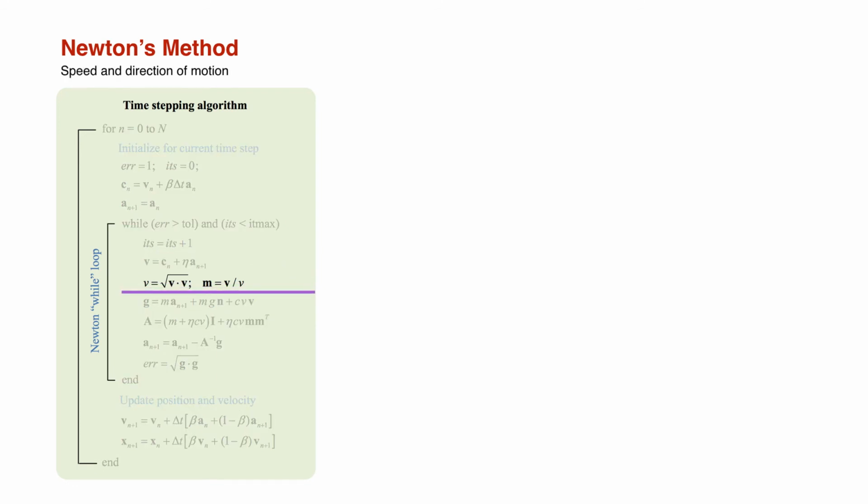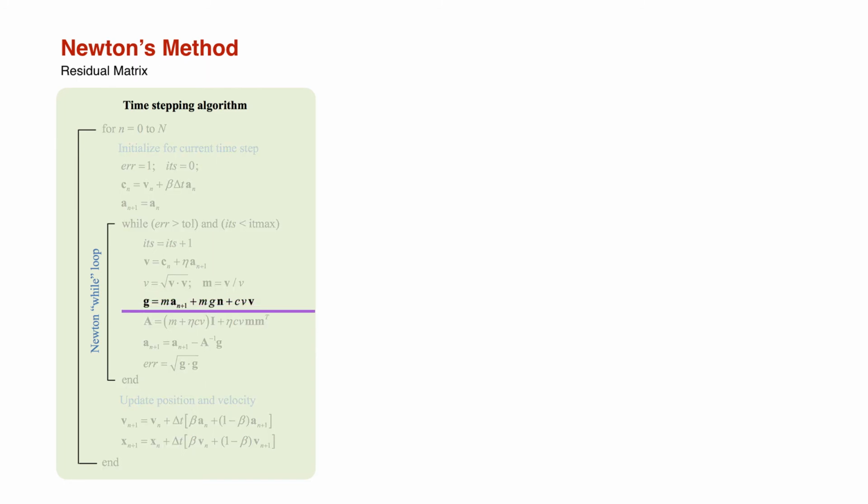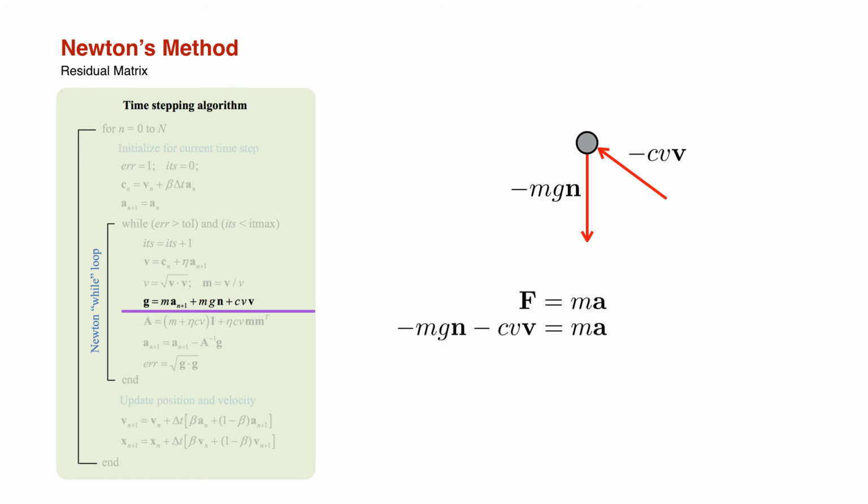So here are just some intermediate variables defined for the particular projectile with drag problem. And then we have our residual here for the particle problem, which we can easily derive. So we have the FBD here. We have force equals mass times acceleration. We plug in the forces.